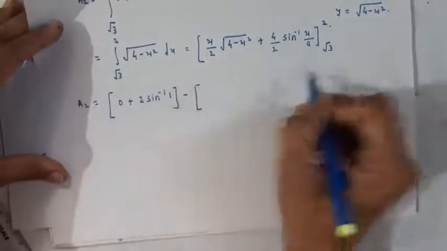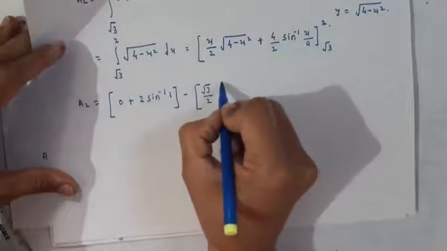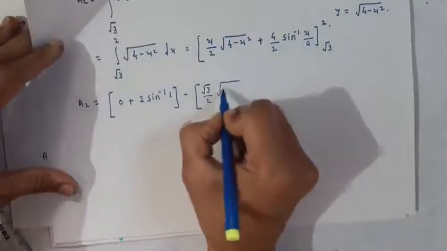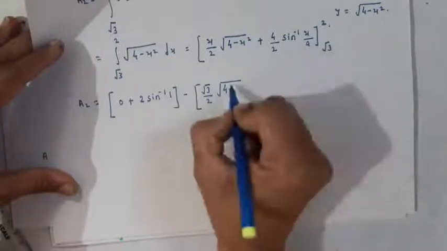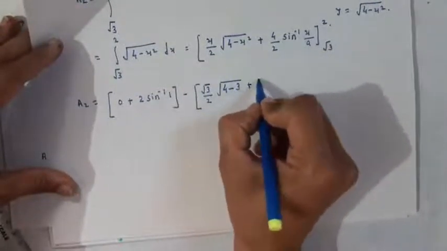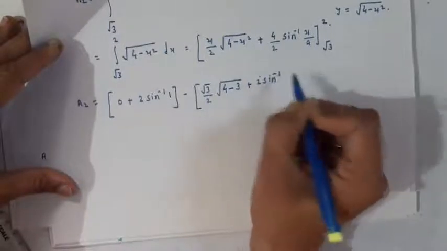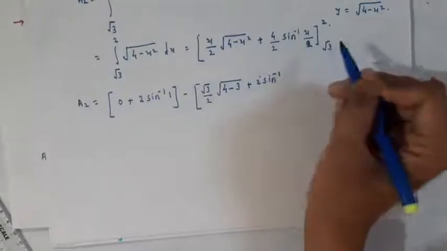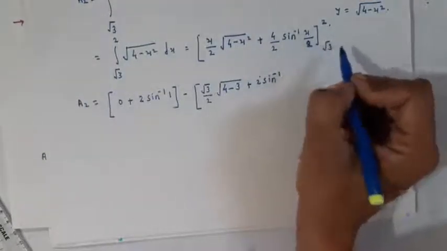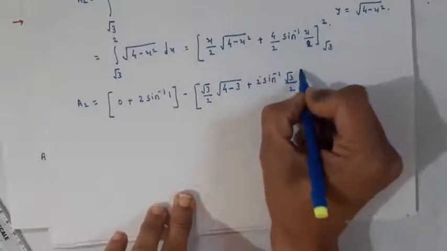Minus the lower limit root 3: root 3 by 2, times square root of 4 minus x square, where root 3 square is 3, plus 4 by 2 which is 2, and sine inverse of x by 2, that is root 3 by 2.